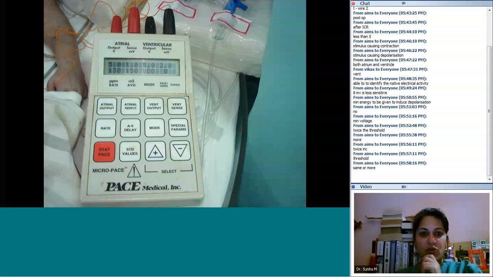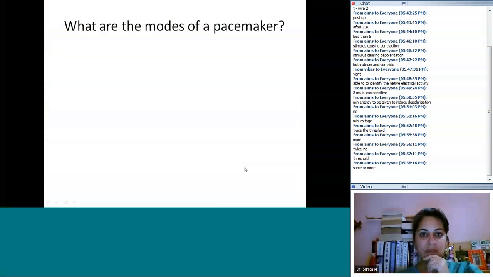When you're doing it through this, you can look on your monitor, and you can also see here, it should flash for you whether it's sensing or not. But you can look on your monitor and see, if you set the rate at 70 and you go on increasing your sensitivity and now it's pacing at 70, you know at that point that you're not sensing anymore. Okay, all clear? So we'll move to this, which is what are the modes of a pacemaker.